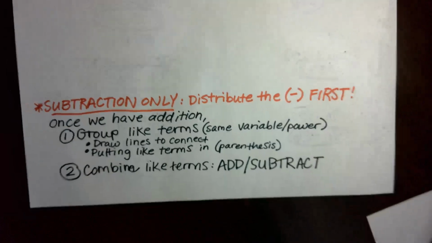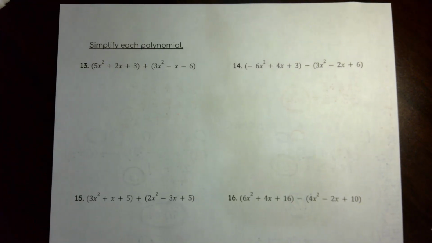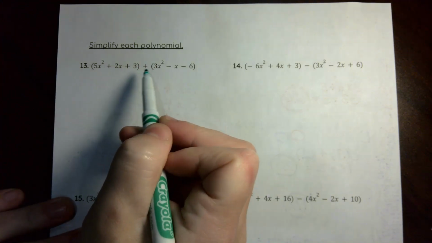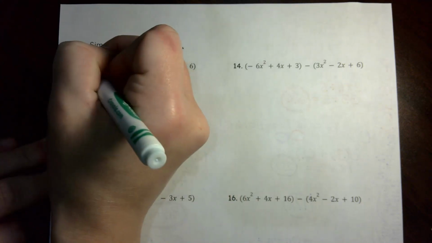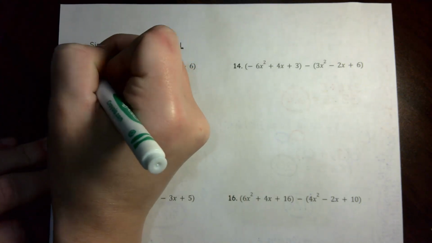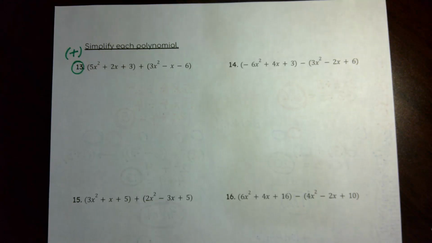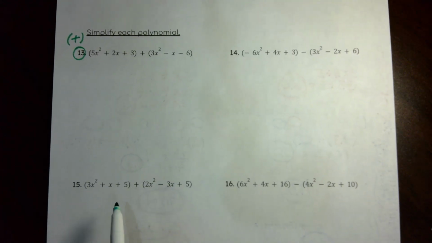Okay, so on your quiz, it will be the same types of problems. So I'm going to give you kind of a guide here. Number 13. This is an addition problem. We don't have to distribute the negative here. 13 is addition. 15 is also addition.